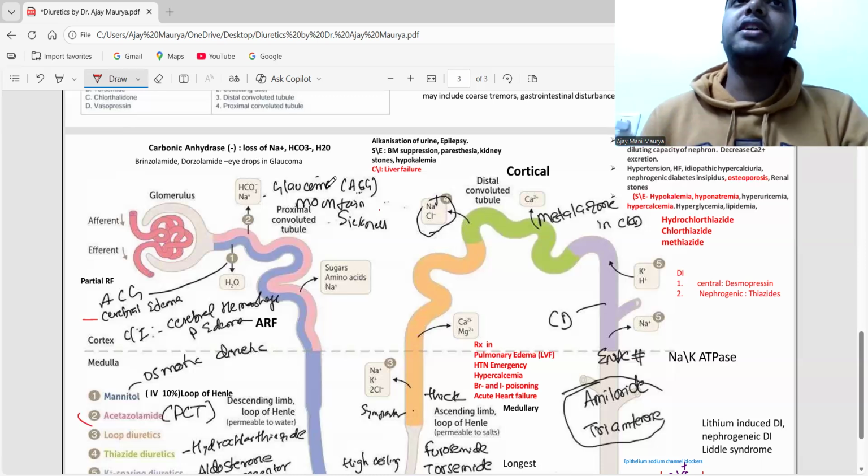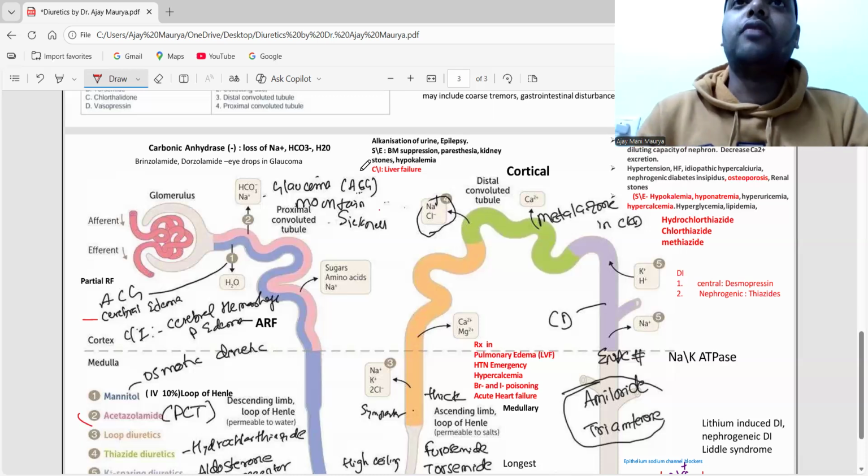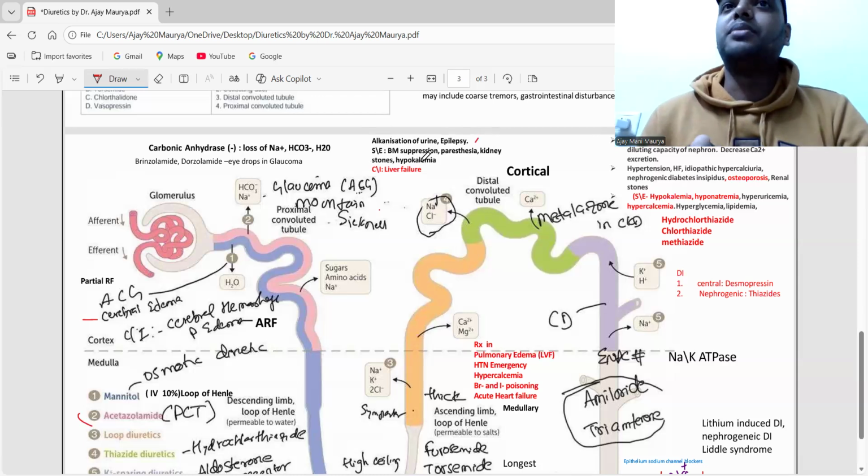And it is also used in the treatment of acute closure glaucoma, and also in the alkalinization of the urine, and it is rarely used in the treatment of epilepsy. What are the side effects here? It causes bone marrow suppression.